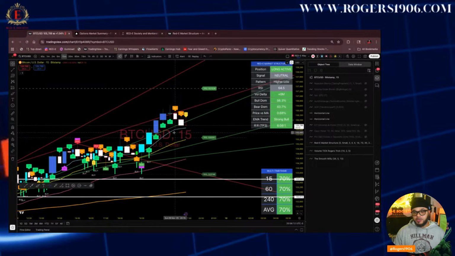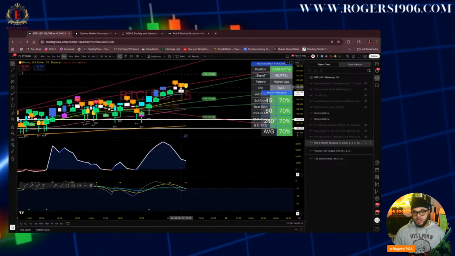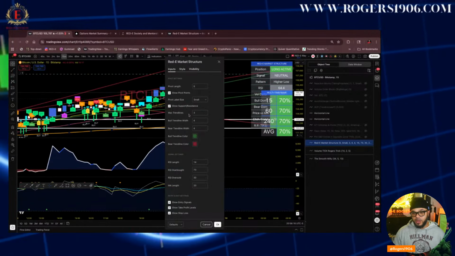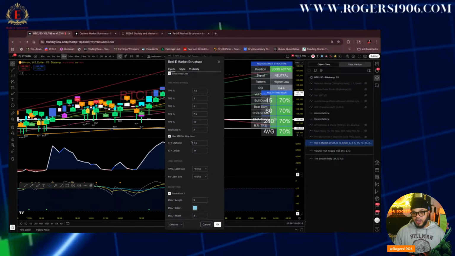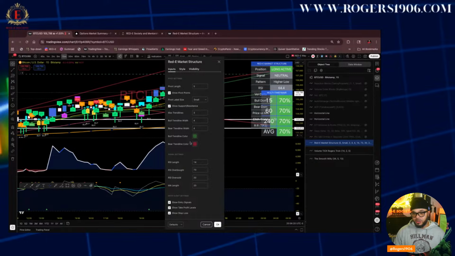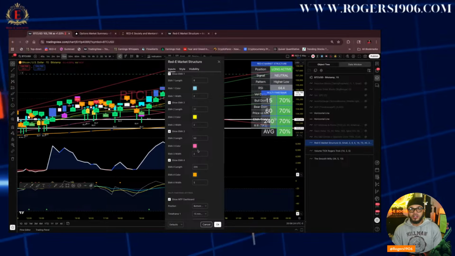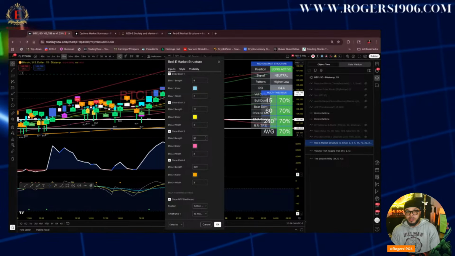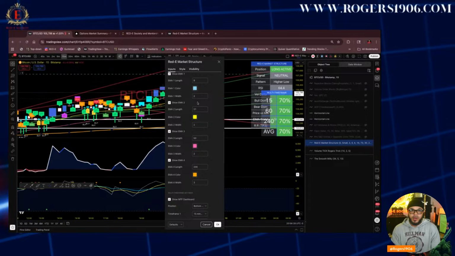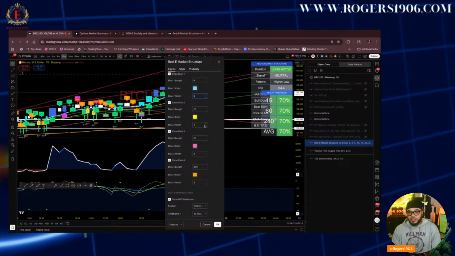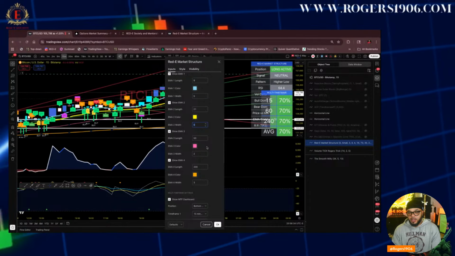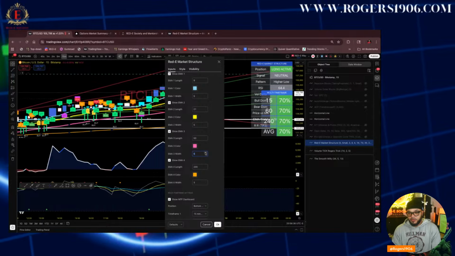We also have exponential moving averages coded into this as well. Now, the exponential moving averages that I personally like to use are the 9, the 21, the 50, and the 200. Sometimes I'll do the 10 and 20, but I figured I wanted to move a little faster. Now, of course, I like thick lines, so I'm going to make all of these EMA width 5.